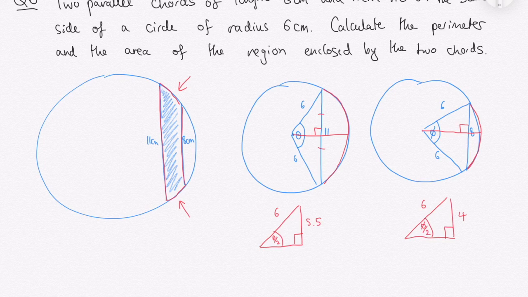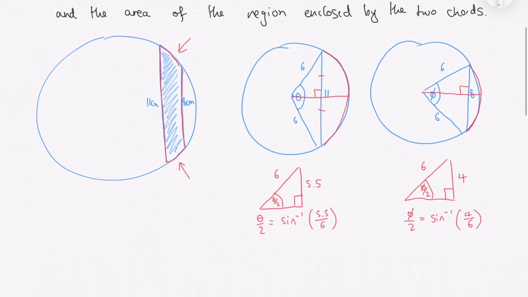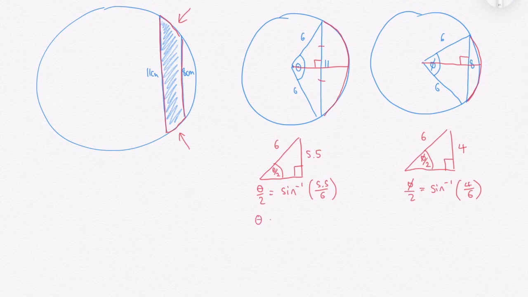Just using some trigonometry, we know that theta over 2 is sine inverse of 5.5 over 6. And similarly, phi over 2 is sine inverse of 4 over 6. That means that theta is equal to 2 sine inverse of 5.5 over 6, and phi is equal to 2 sine inverse of 2/3.